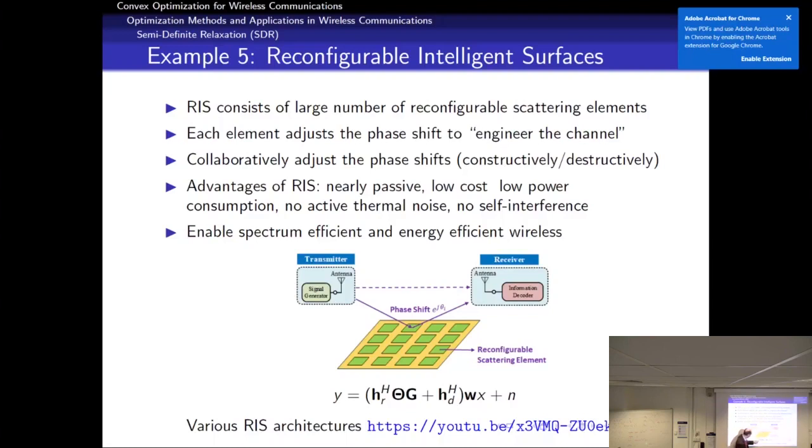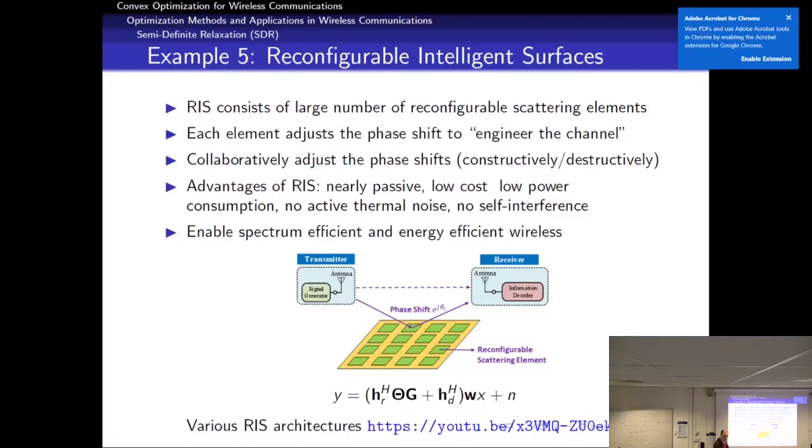And then you have H, which is your vector from all those elements to your single receive antenna. Okay? So this is also a kind of smart repeater, smart relay, because essentially the signal is reflected in a certain way, and this performs some form of beamforming by changing those theta.